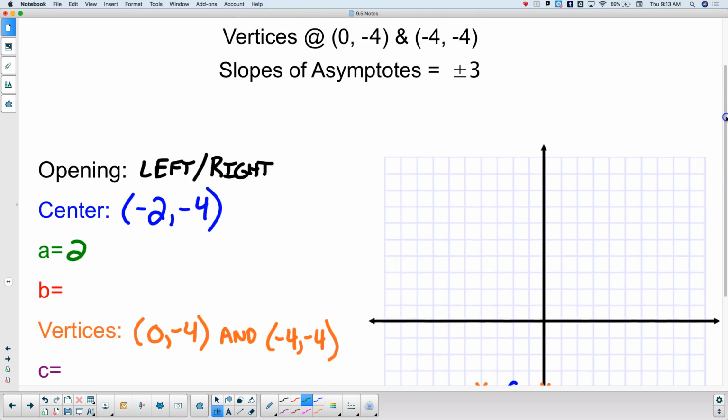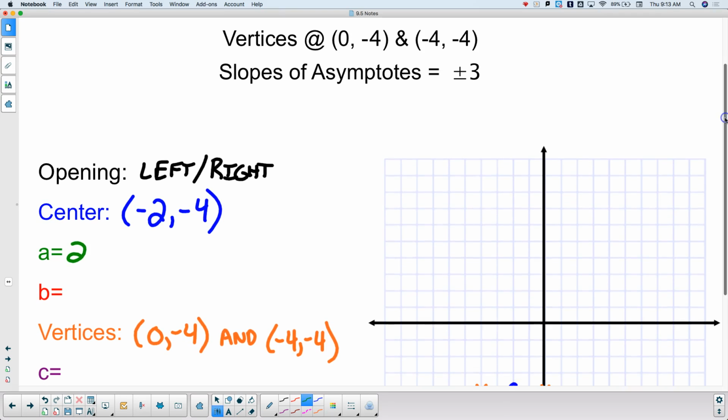Let's go back up here. Okay, so anything else we know with vertices? Just based on those vertices. I don't think there's anything else that we know based off of that.